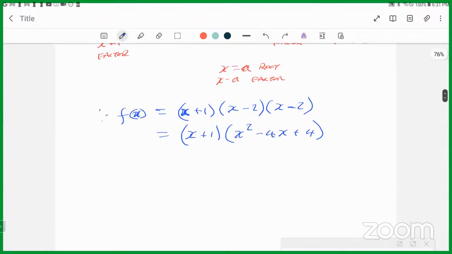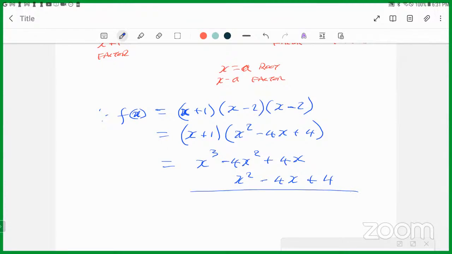So using the x first, x times each of these would be x cubed minus 4x squared plus 4x. And then the 1 times each of these. Put like terms under each other. So you're going to put this and this under here. So that will be x squared minus 4x plus 4.